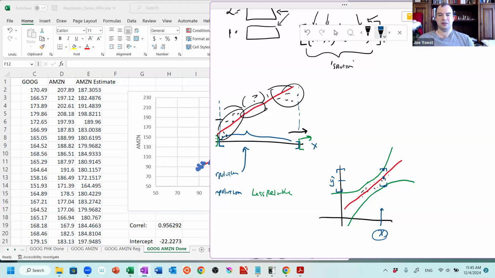So sometimes you'll see the regression line, the best guess line, plotted along with these two confidence interval bounds. And it always looks like this, right? The further away from the middle that you get, the more you're extrapolating, the wider your confidence interval has to get because there's just much more uncertainty further out there.